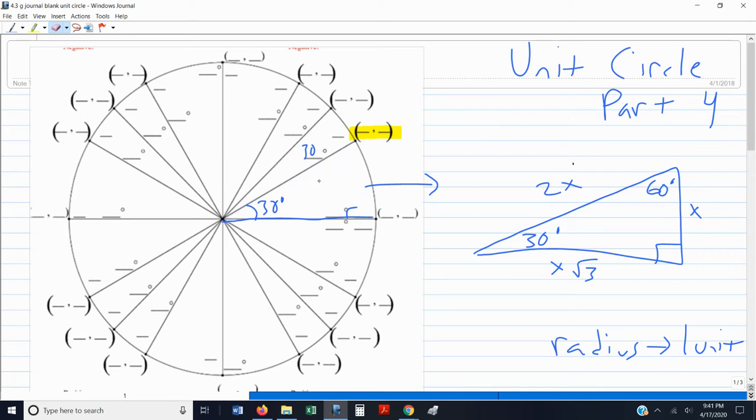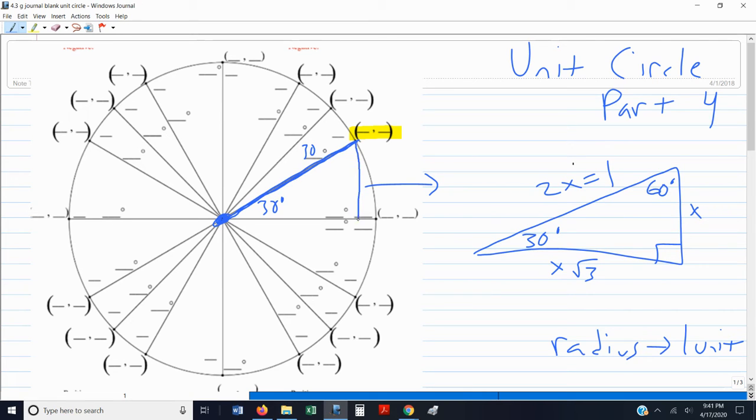The radius, can you see which part of the triangle the radius is? From the center to the edge? That radius is 1, and so I'm going to put a 1 right here.